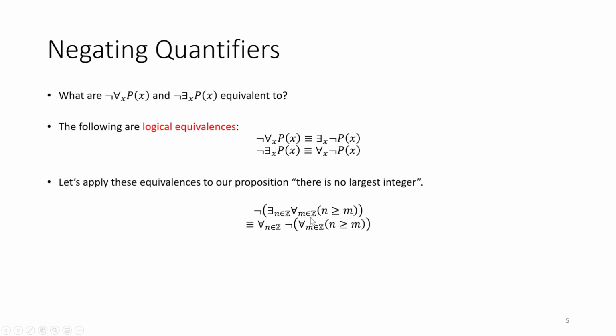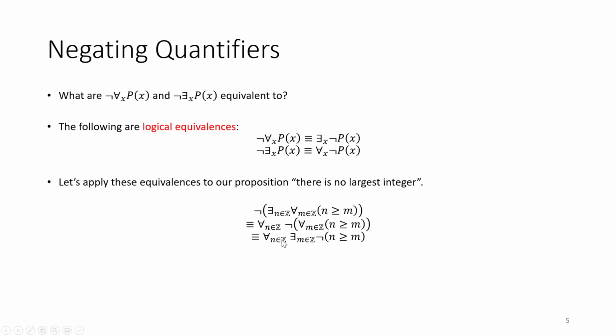We go one step further, we're going to flip this one on the inside again. Okay, so now what's this one saying? This one's saying all integers are such that, so for any integer n you want, there exists some other integer m, such that n is not greater than or equal to m.